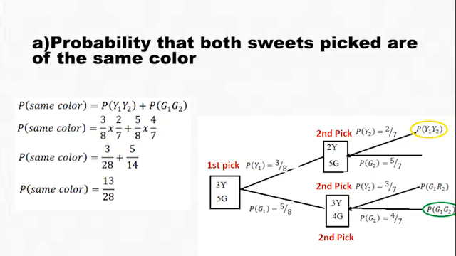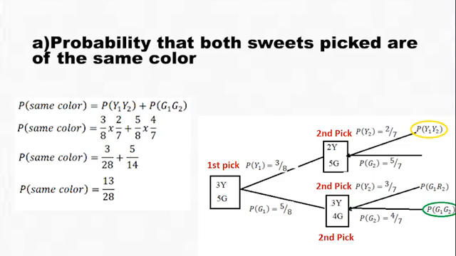The probability of picking a green sweet first and a green sweet second will be 5 out of 8 times 4 out of 7. Therefore, the probability of picking the same color is either yellow yellow or green green.